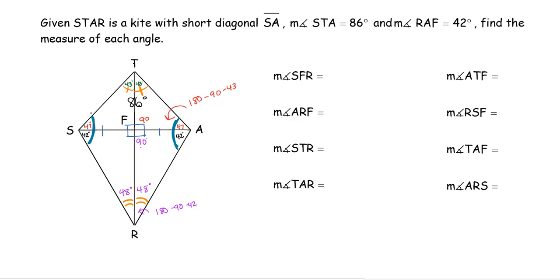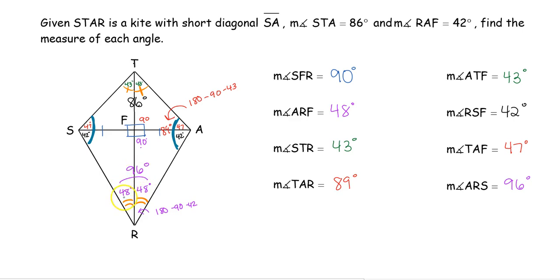Why don't you go ahead, press pause, and fill in all of the angles they're requesting. So we've filled in every number. Sometimes you may have to add or subtract or do something, but can you correctly identify the angles that they're asking you to find? All right, go ahead and check to see how you did.